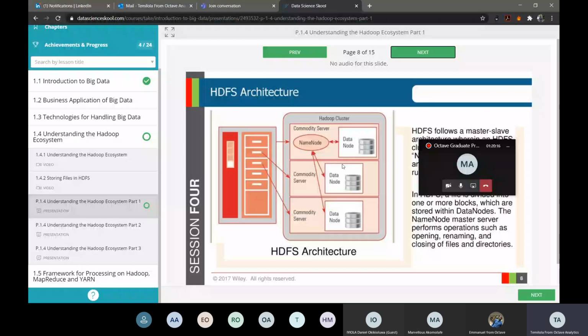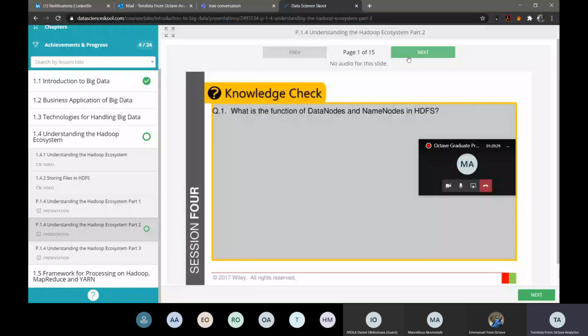But in the Hadoop ecosystem, what performs administrative operations, when you have MapReduce and the HDFS, is YARN.